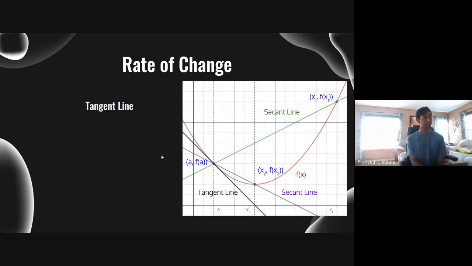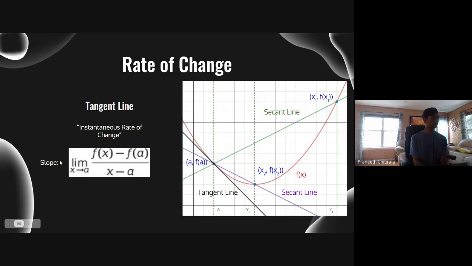Now we're going to talk about the tangent line. The tangent line is known as the instantaneous rate of change of a function. And you can see that it only occurs at 1 point. So the slope of the tangent line is the limit as x approaches a of f of x minus f of a over x minus a.